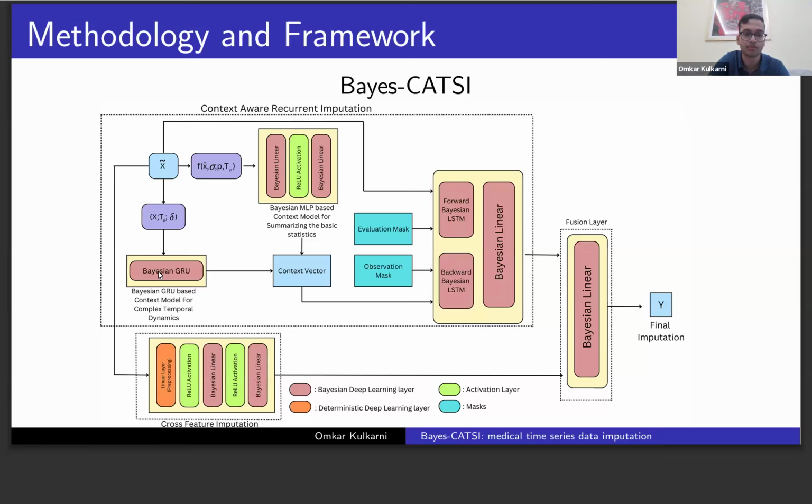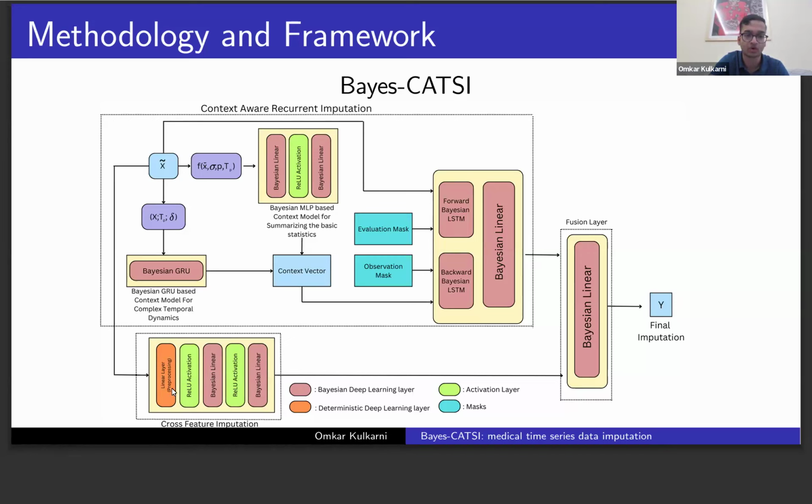This context vector, along with the pre-completed input and the evaluation and observation mask, is input into the bidirectional RNN layer, which then gives the output for the context-aware recurrent imputation component.